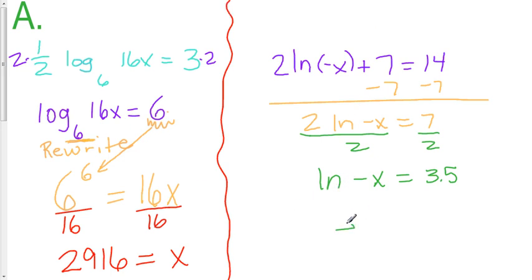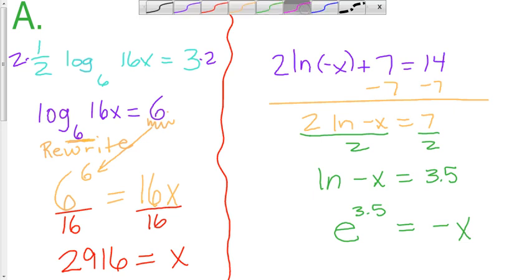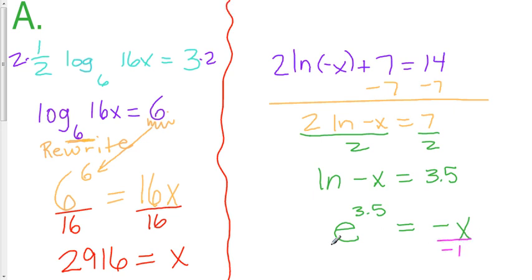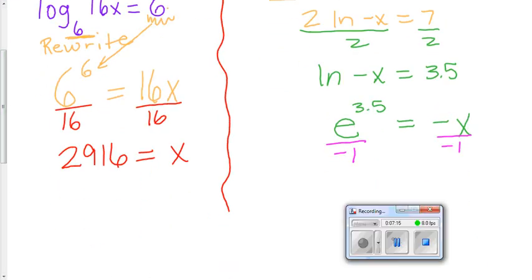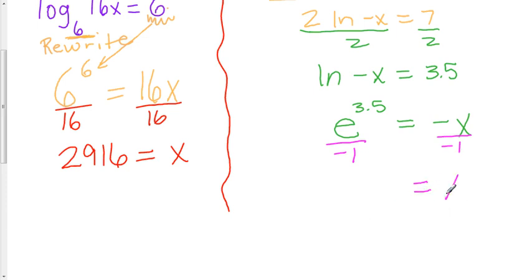We would then have e to the 3.5 equals negative x. And finally divide by negative 1, and you will get x is approximately equal to negative 33.115.